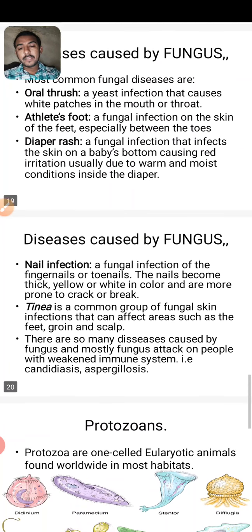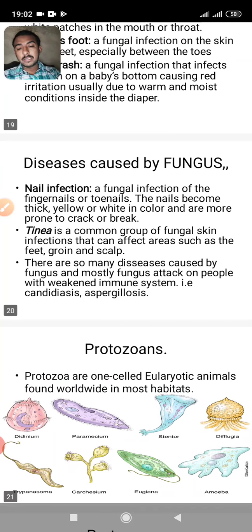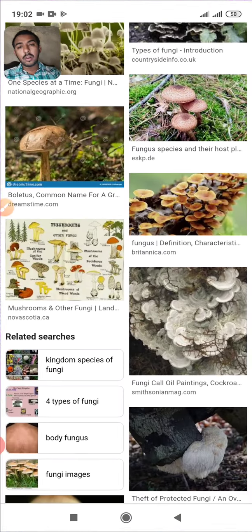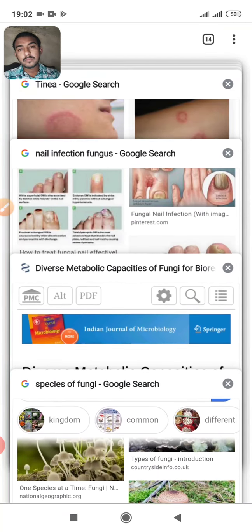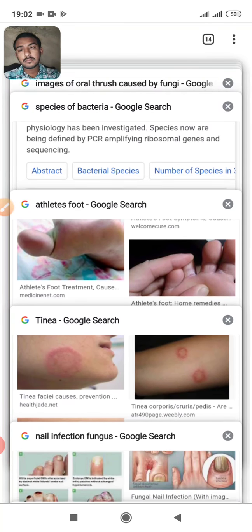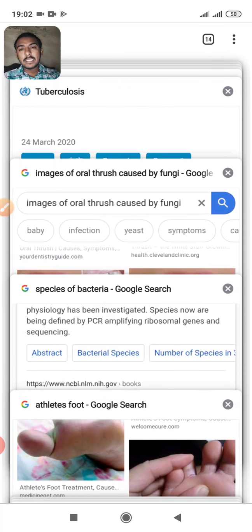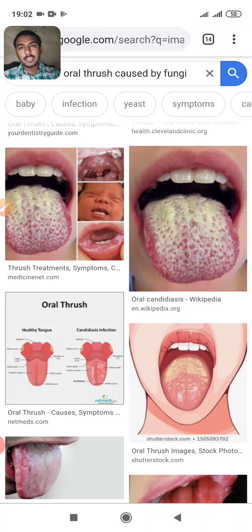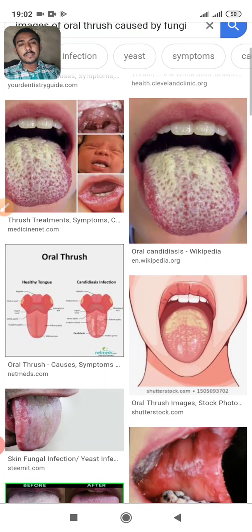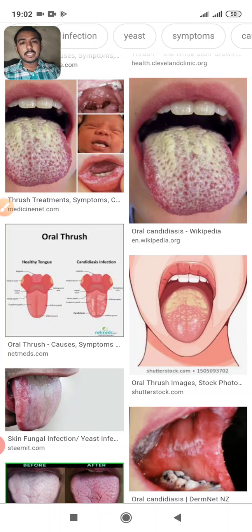Let's first look at the Google images of oral thrush that we got. Here are the images of oral thrush for you. You can look at these images closely: the tongue is quite heavily affected by some sort of organism, and they are basically fungi.